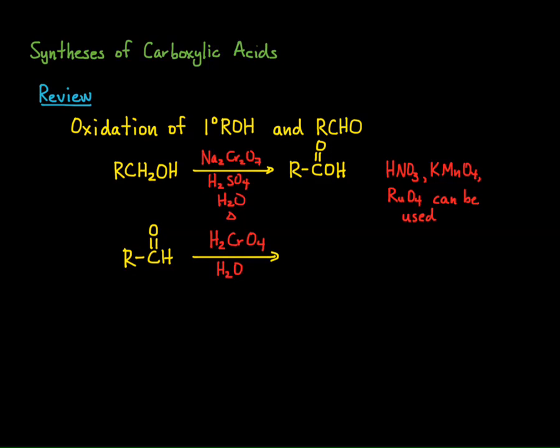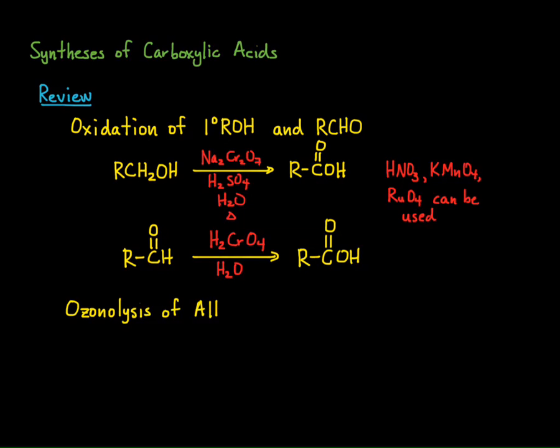We have to make that in situ from the sodium dichromate. And notice it gives me the same results. Again, I could use nitric acid, potassium permanganate, and so on to get the same results. So that's one of the reactions that we've already seen before, oxidation of primary alcohols and oxidation of aldehydes.